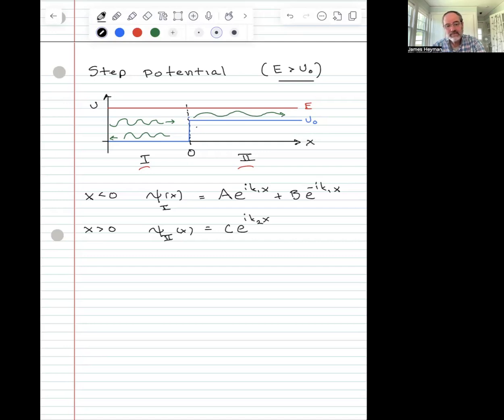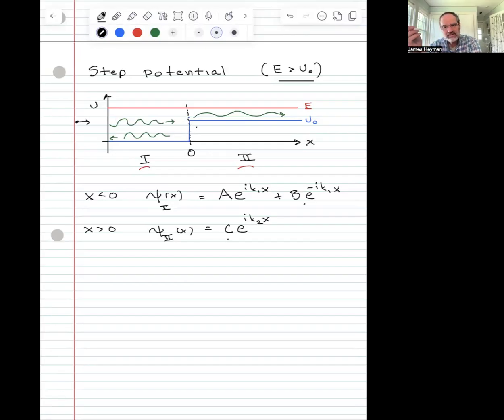Now, in our problem, we're imagining a particle that's incident from the left, striking our barrier. Physically, we know that could, in principle, give us a transmitted wave or a reflected wave. And in fact, we've included terms like that in our equation so far.